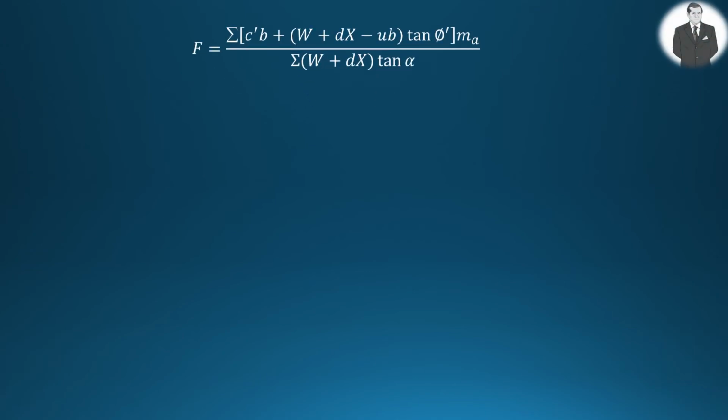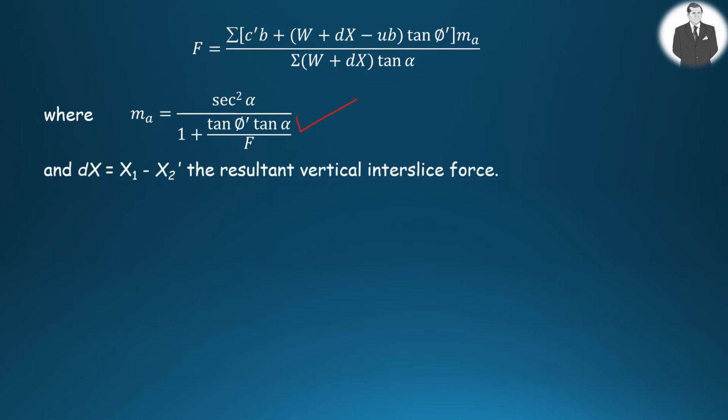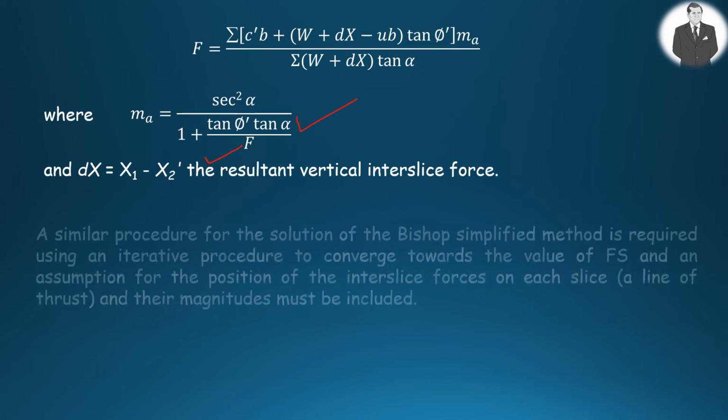In this equation, M_A is equal to the expression provided here, and delta X is equal to X1 minus X2, which is the resultant vertical interslice force.